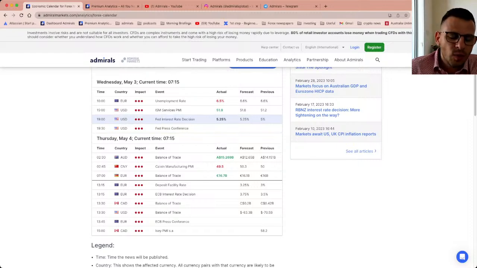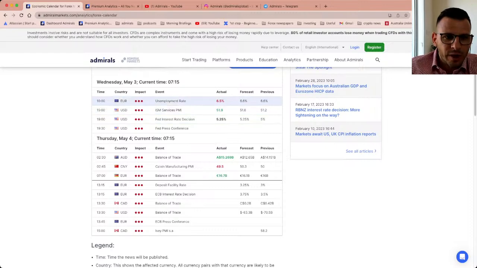We're going to have a look at the US dollar, how it performed after the event, and we will identify the strength or the weakness of the dollar based on the move.